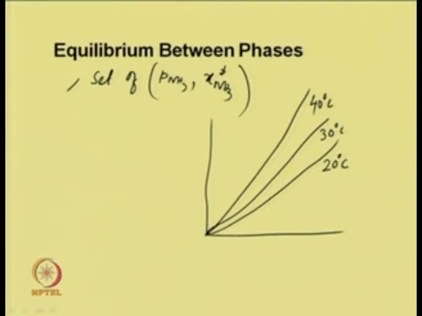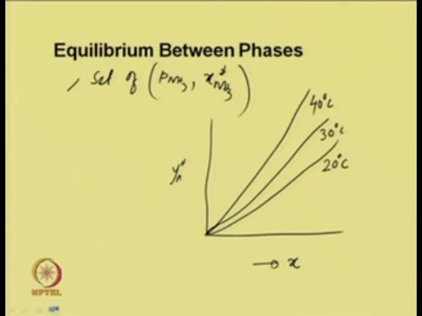So, this is the y star and this is the liquid phase, or in terms of partial pressure and the liquid phase mole fractions we can define it. This is a typical equilibrium curve.